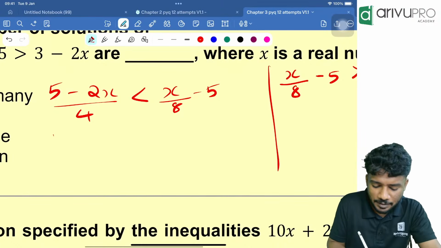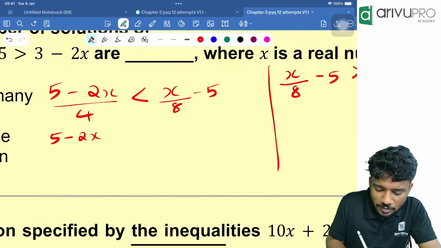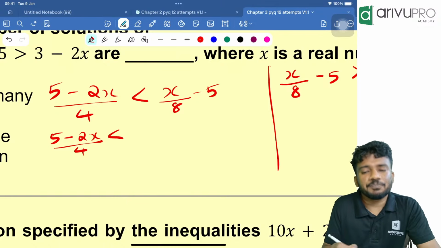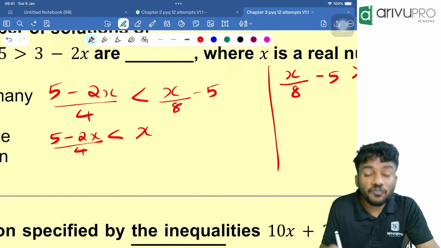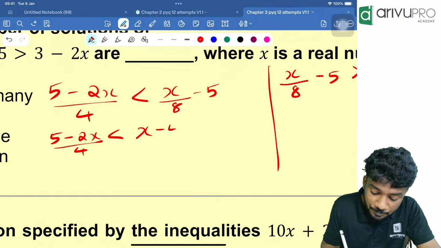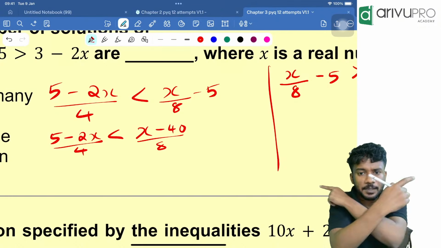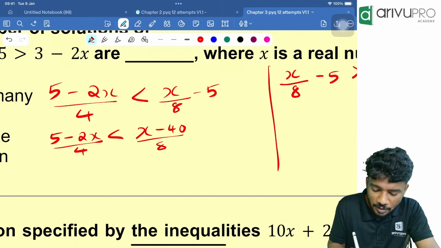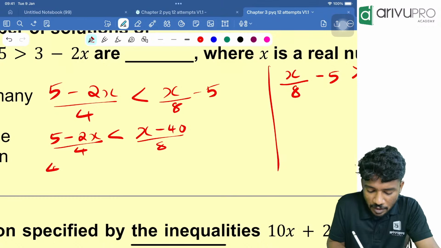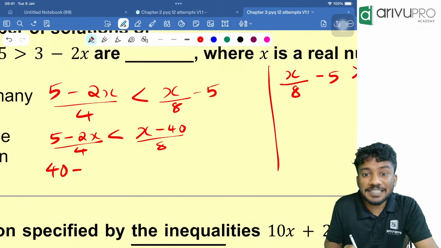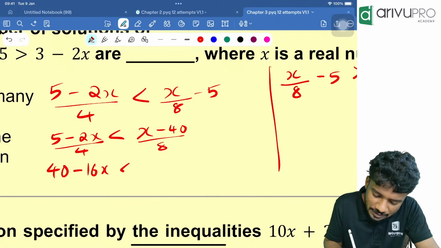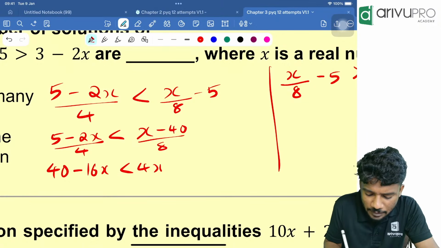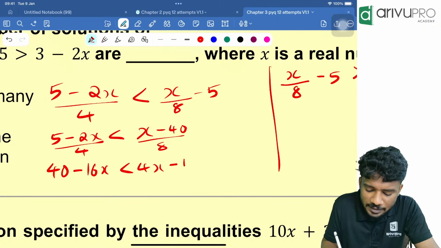Now I'll take LCM. So (5 minus 2x) divided by 4 less than (x minus 5 into 8, that is 40) divided by 8. Cross multiply both the sides, that means 8 goes to this side. 8 into 5 is 40 minus 8 into 2 is 16x less than 4 into x is 4x, then 4 into 40 is minus 160.